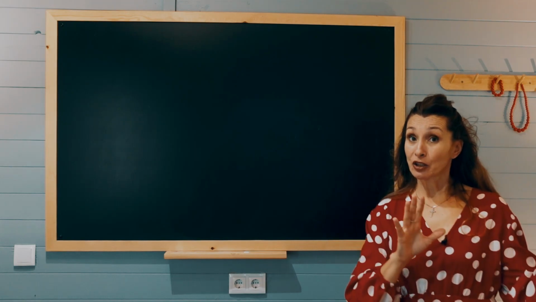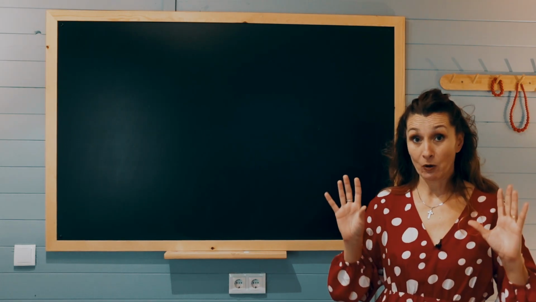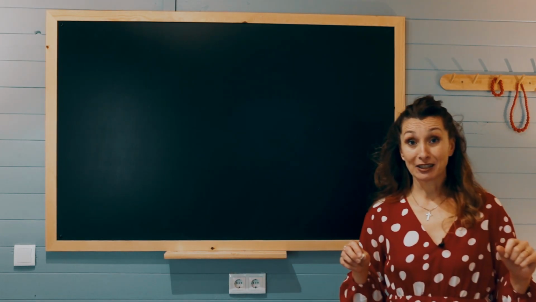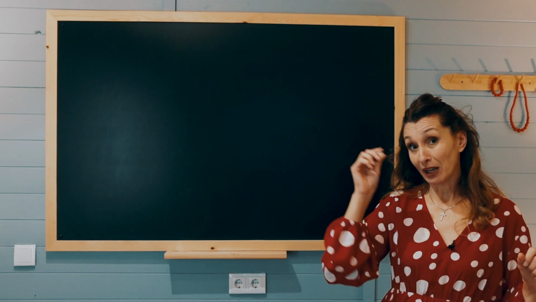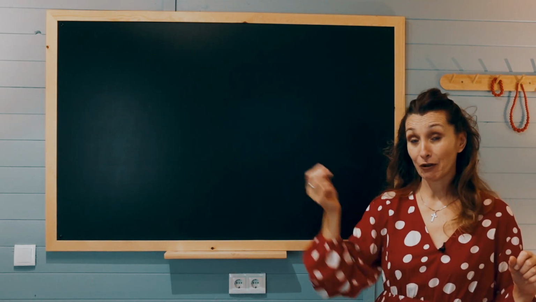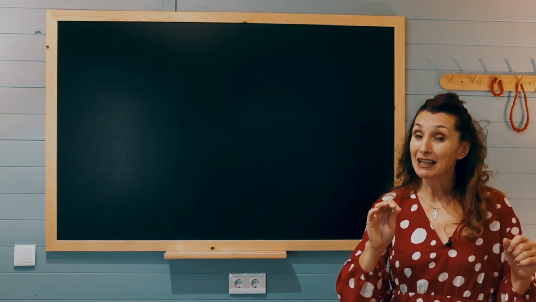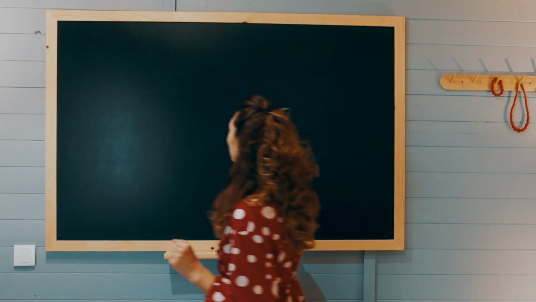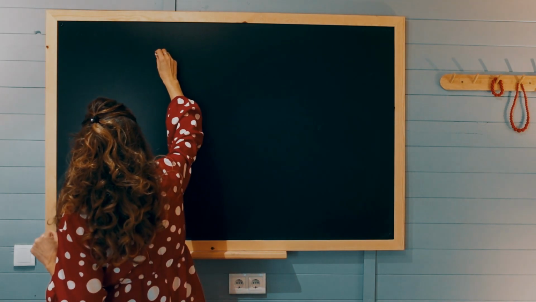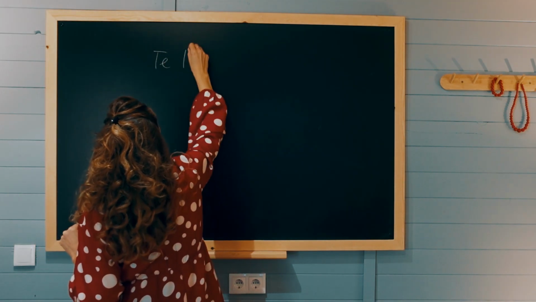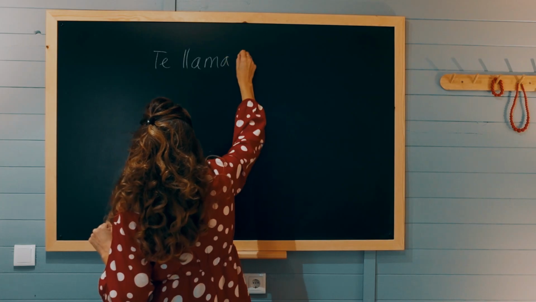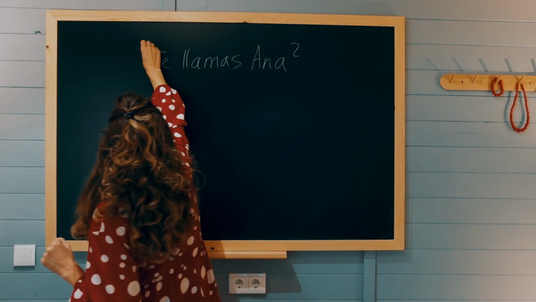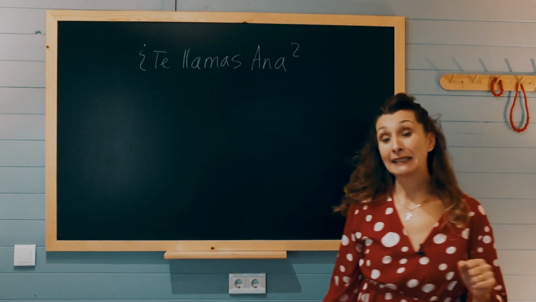The questions for yes and no answers were very easy. The questions for when we inquire about specific information are easy, but there's a bit more to it, okay? So, for example, we had an example of a question. ¿Te llamas Ana? That was the question yesterday.